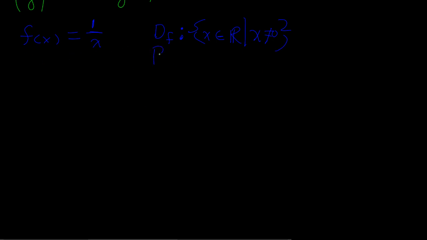Also, the range of f, well, we'll use our rules from rational functions, because this is a rational function. This has degree 0, this has degree 1, and so this is going to have a horizontal asymptote at y equals 0. And so the range of this function tells me that f of x won't equal 0. It won't spit out a value of 0.